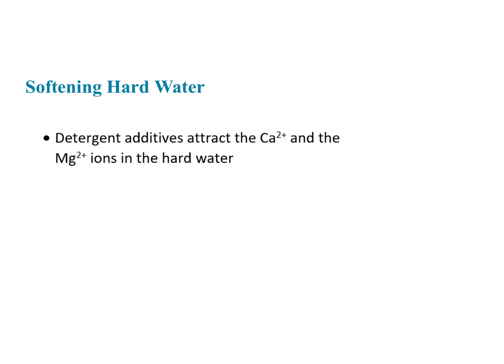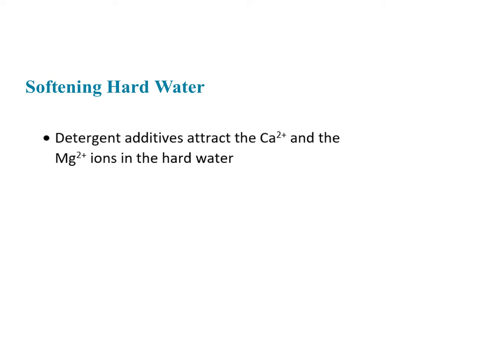We can talk about one of the big problems that having hard water can cause, and that is that it reduces the effectiveness of soaps and detergents. We talked previously about how soap molecules have a polar end and a nonpolar end, and that the polar end is attracted to the water and the nonpolar end is attracted to the grime.